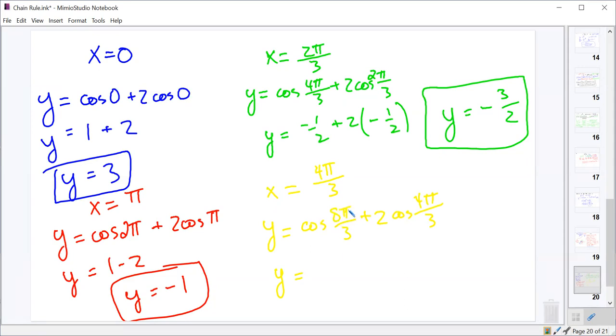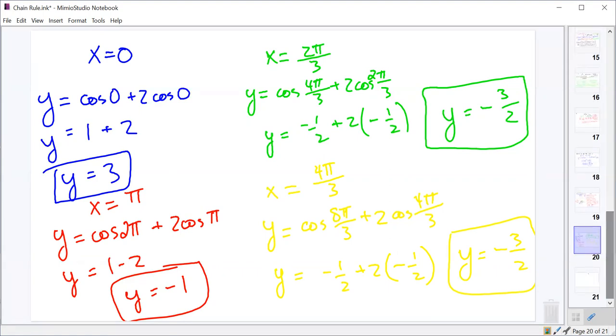So what's the cosine of 2 pi over 3? It is -1/2. And then this one is plus 2 times, and cosine of 4 pi over 3 is again -1/2. So this one comes out to be the same as the one we did for 2 pi over 3. Everybody good there? Any issues?